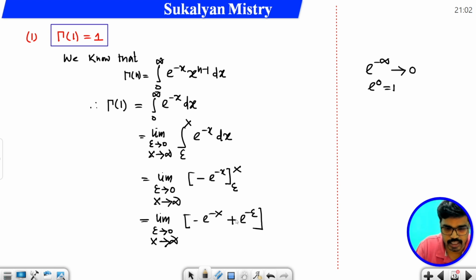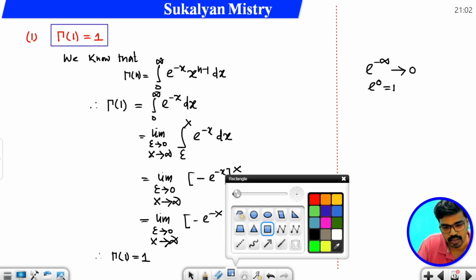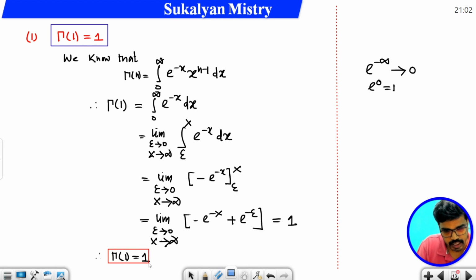So ultimately 0 plus 1, that means 1. So we proved that gamma 1 is equal to 1.